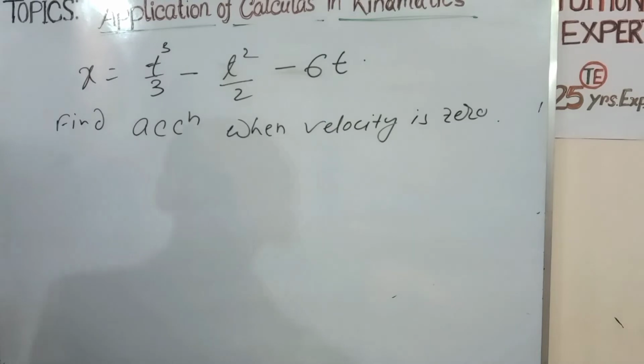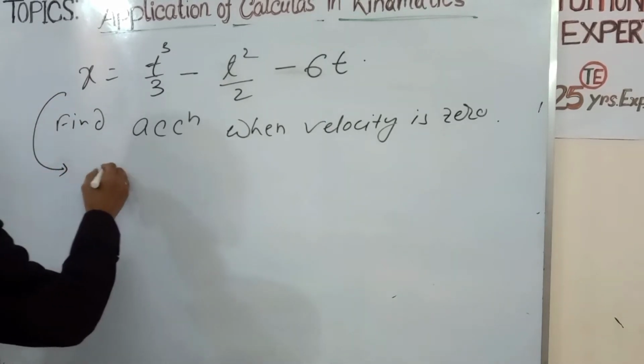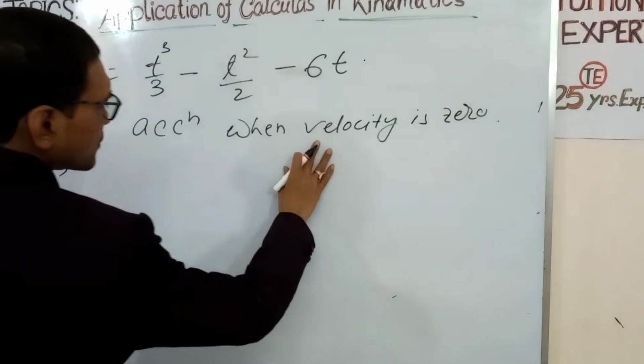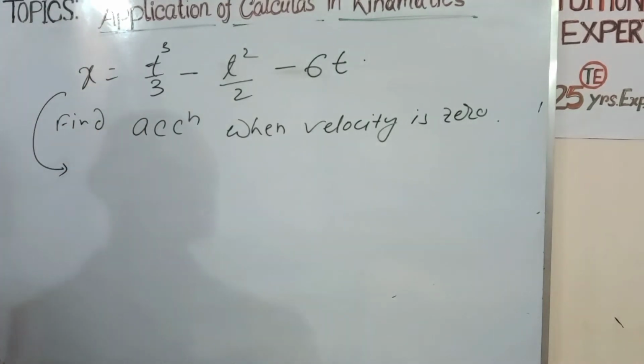Find acceleration when velocity is 0. So we have to find velocity and acceleration in terms of t.